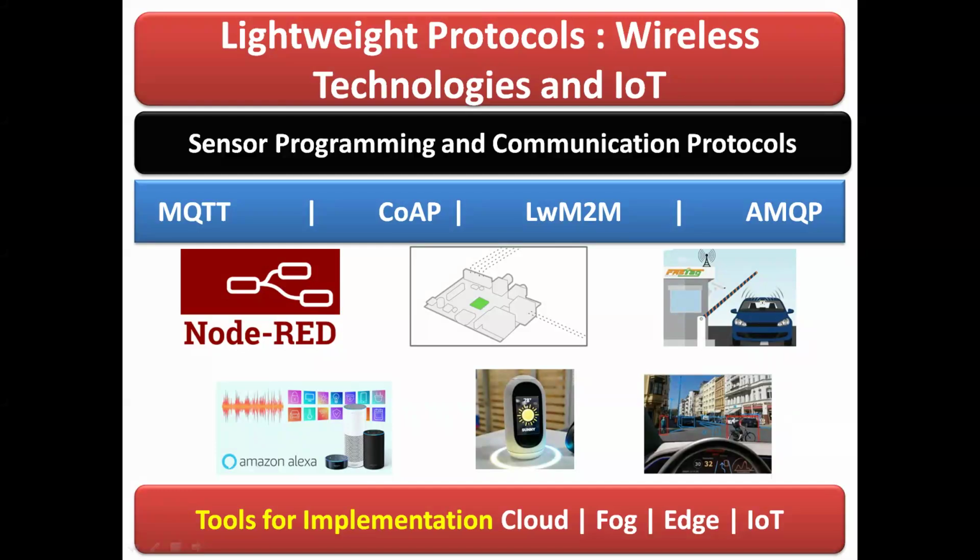Amazon Alexa is also a wireless based scenario. Fire Stick, and so many other platforms, gadgets or devices we use. So, in this session, we will see which protocols are used at the back end of these implementations.